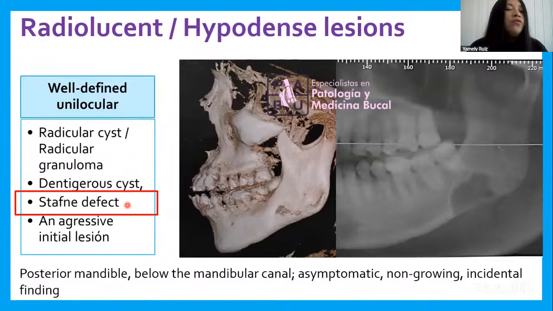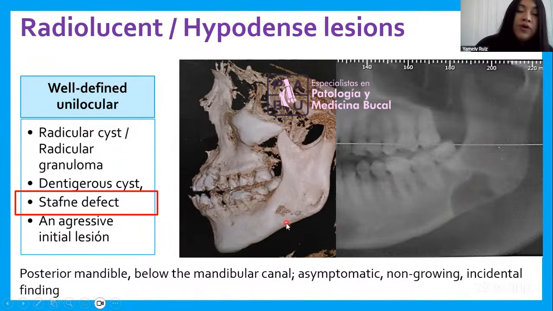So when we look for a Stafne defect, the first key point here is the localization. Most of the time, 80% of the cases are below the mandibular canal, as I see in this part of the tomography.